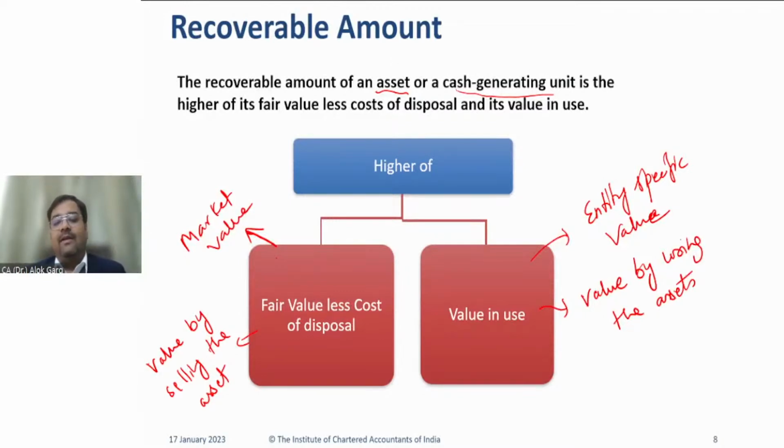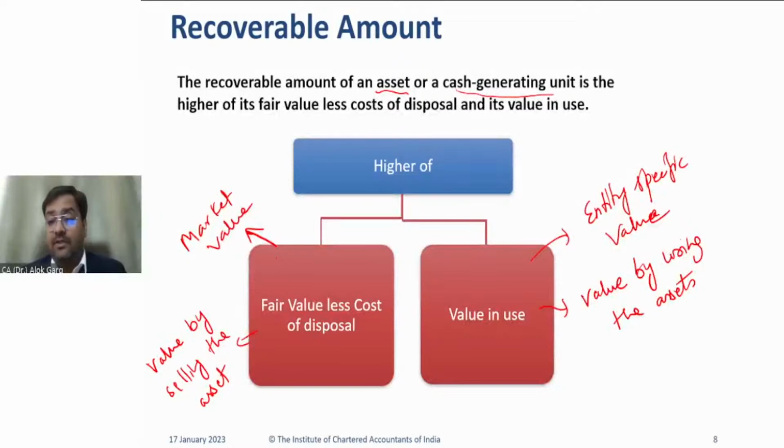So you go to the market and you ask what is the sale price of this car? If I want to sell this car, what is the price of this commercial vehicle? In the market you will get a price. For example, you went to True Value or First Choice, right? So they have quoted the price of 10 lakh rupees for that car.